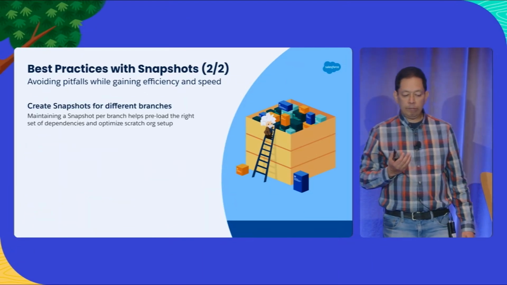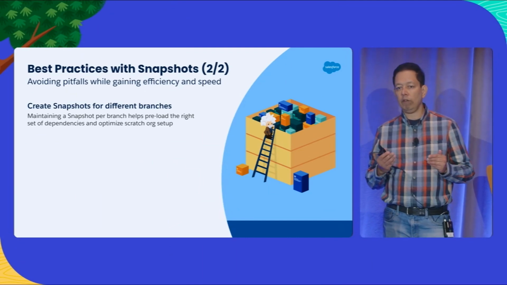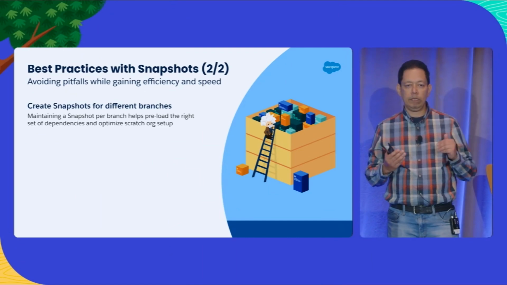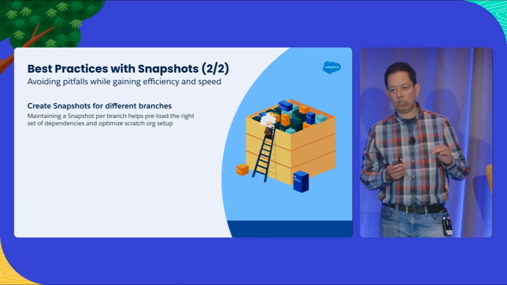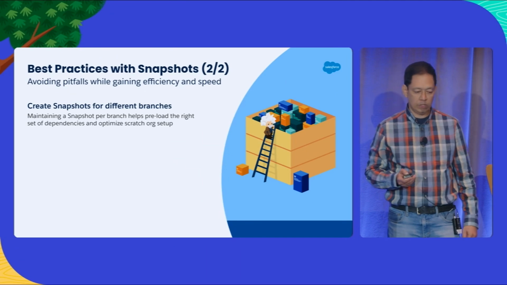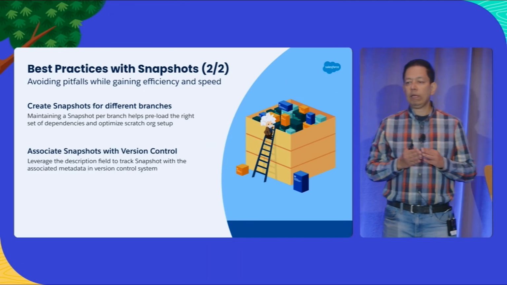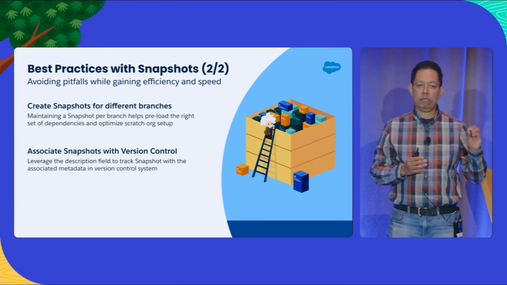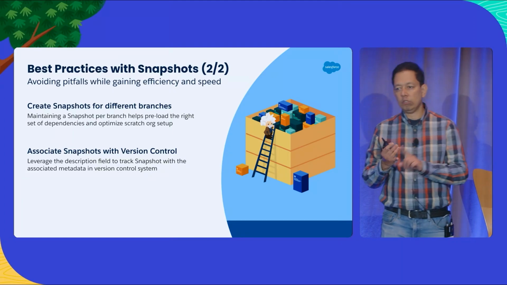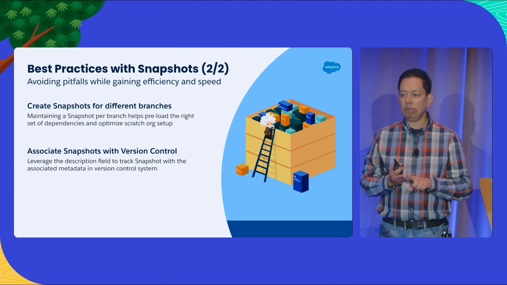A few other recommendations that we have: in many setups, you have teams doing parallel development, in which case you may be using branches, and our recommendation is to use different snapshots for different branches. You also want a mechanism to track the metadata that you have placed in the snapshot, because in the snapshot, you can install packages, you can set up metadata, you can have sample data.